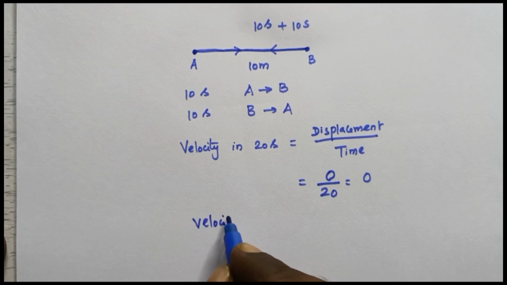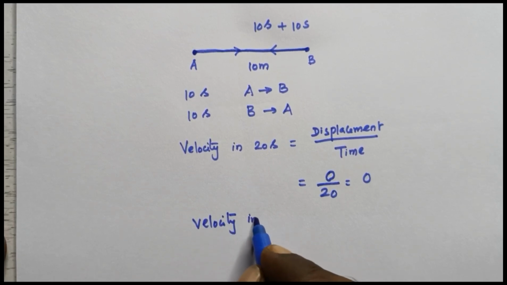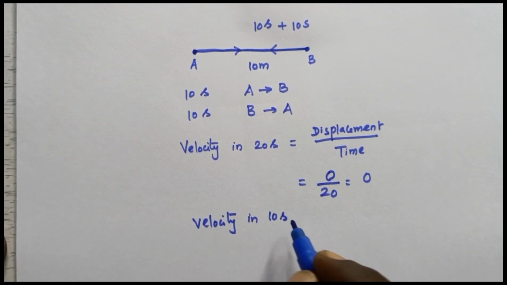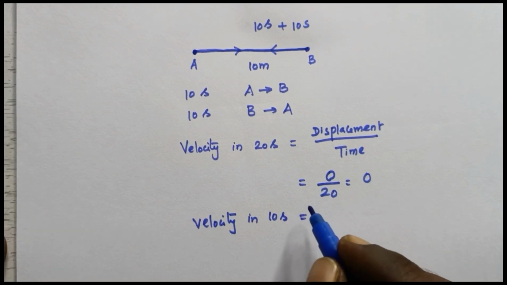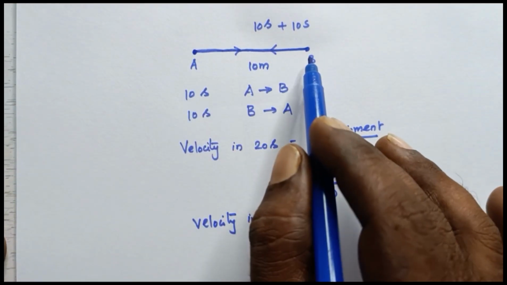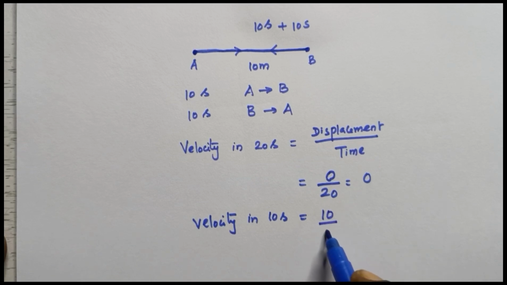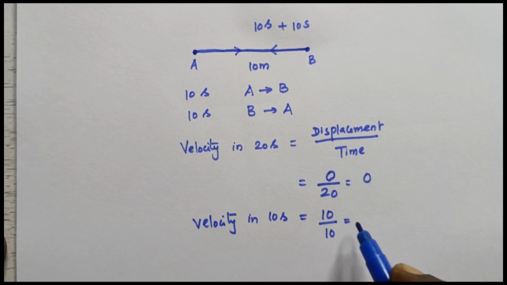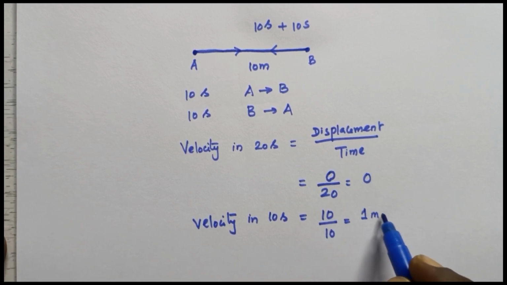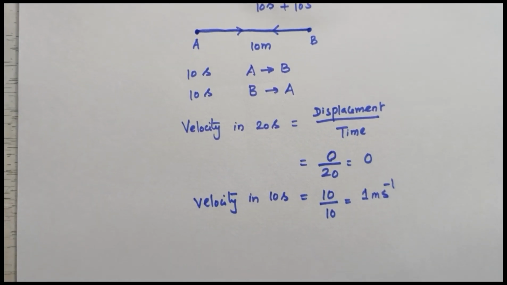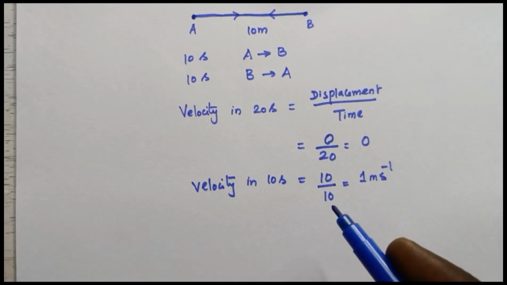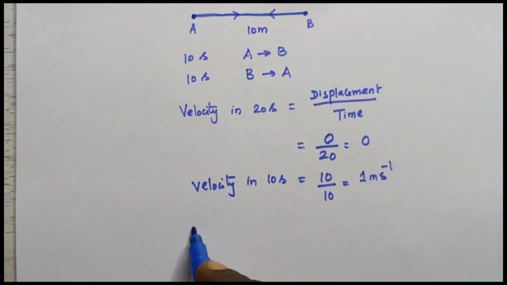Now what is the velocity of the body in first 10 seconds? Velocity of body in first 10 seconds is equal to, the body has displaced 10 meter in the first 10 seconds. So 10 by time is now 10 seconds, which is equal to 1 meter per second. What is the velocity of the body in the second 10 seconds?